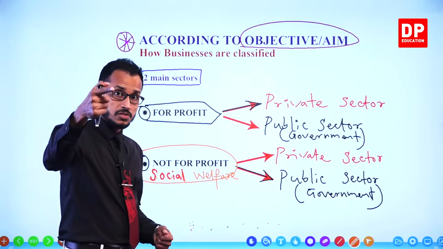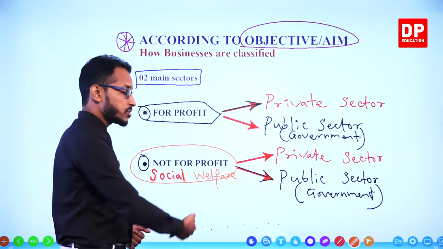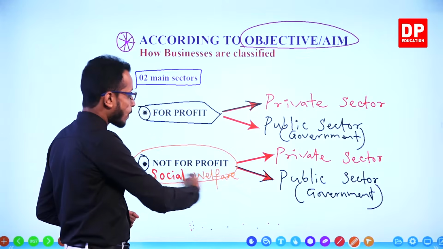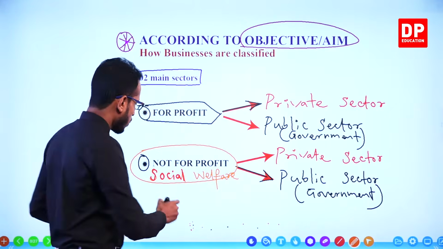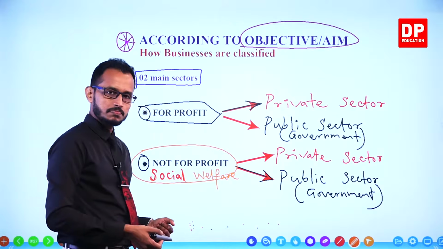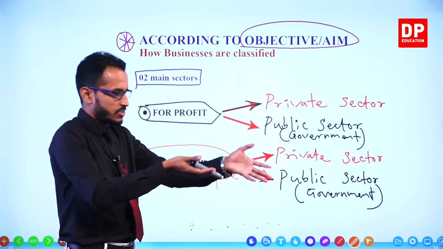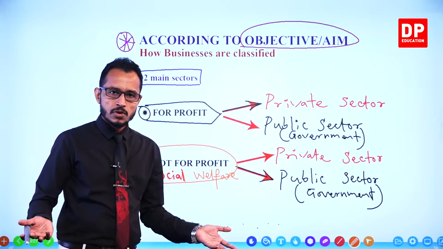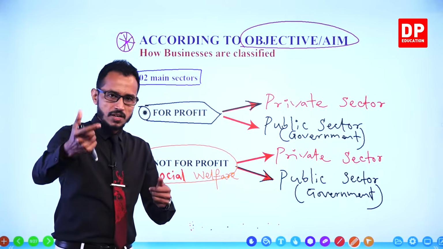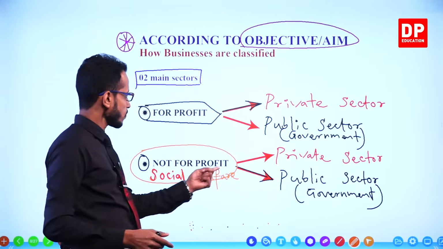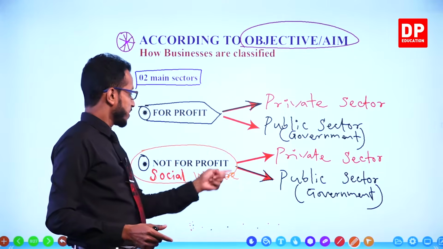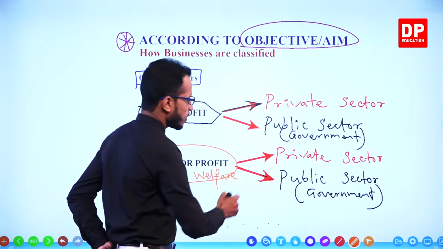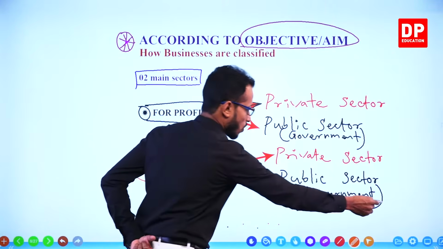Get this into your heads, children. Non-profit organizations generally have this objective, social welfare or community development. They provide a service to the nation, to the society, to the community, and do not earn a profit. These organizations can mostly be seen in the public or government sector.